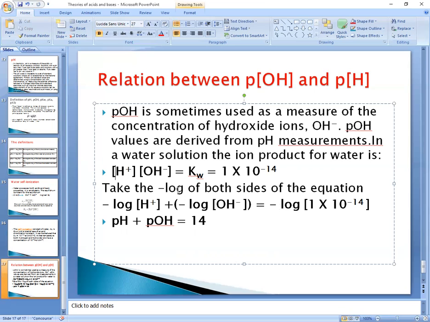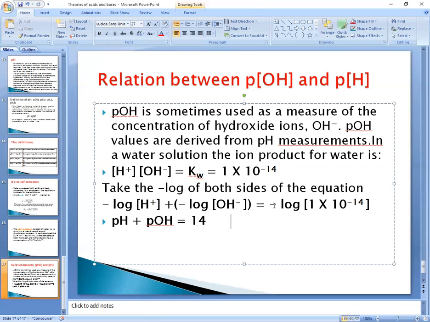So negative log of Kw, which we can write as pKw, and instead of negative log of Kw we can also take negative log of 1 × 10⁻¹⁴. So negative log of hydrogen ion concentration is equivalent to pH, and negative log of hydroxide ion is equivalent to pOH, and similarly log of 10⁻¹⁴ will become equal to 14.